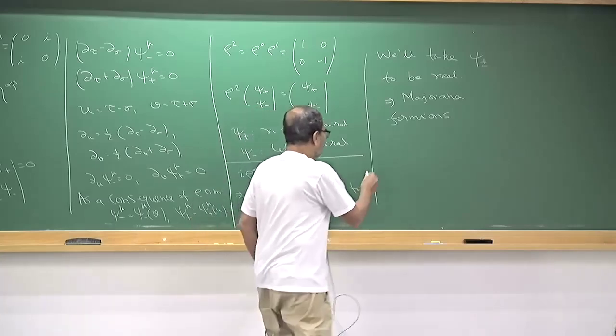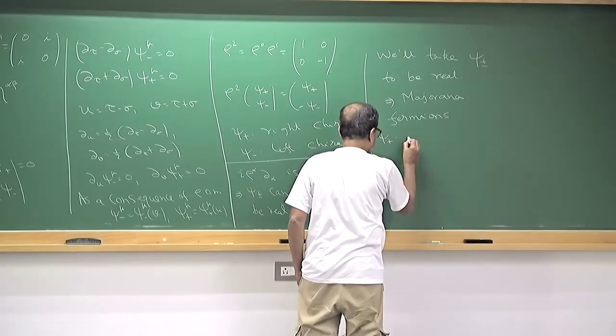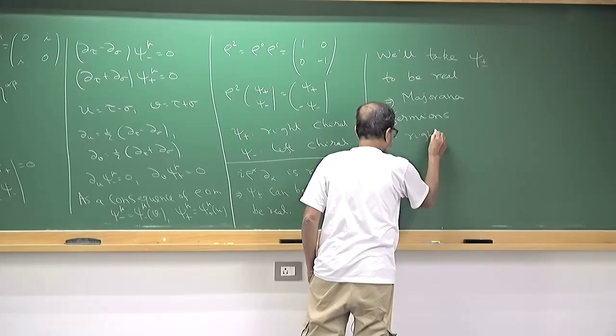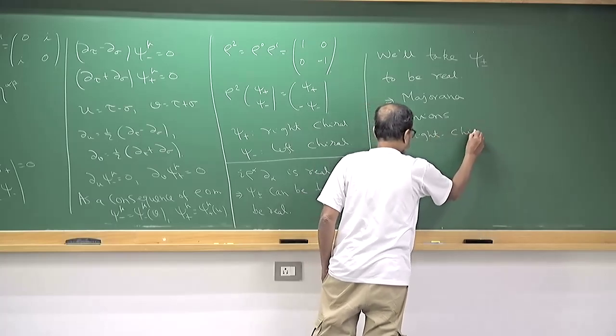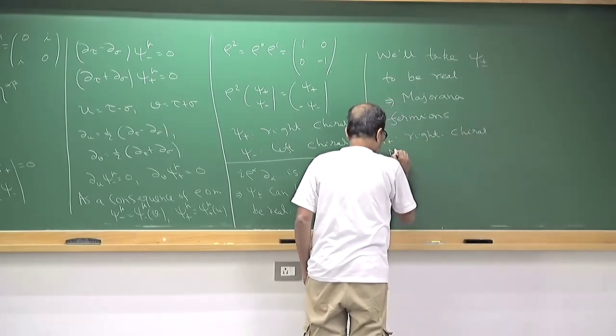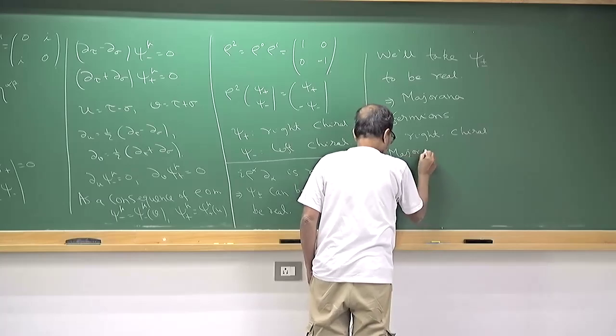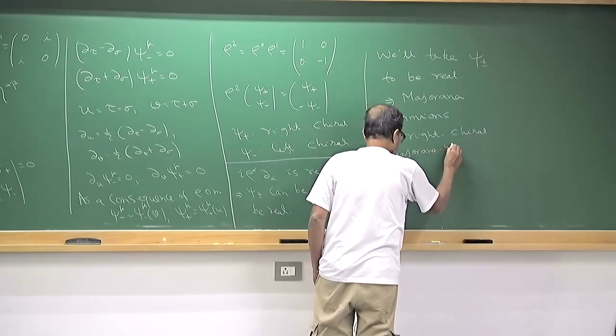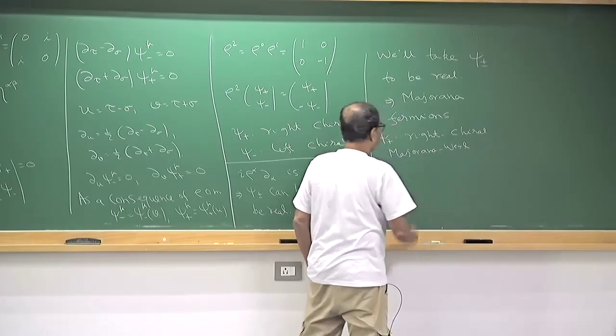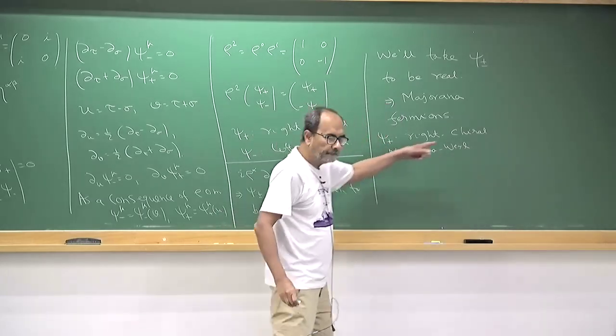So we will call psi plus a right moving, right chiral Majorana fermion. That is Majorana because it's real, and it's Weyl because it's chiral.